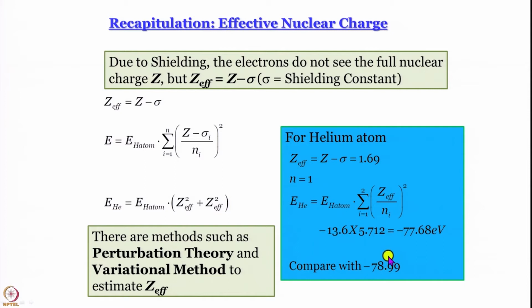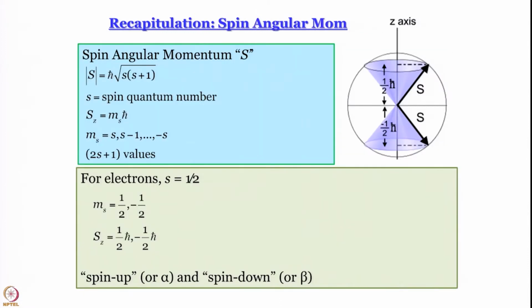And the point to note is that the theoretical value is more positive than the experimental value, which is the real value. We are going to have more to say about this in the future modules.